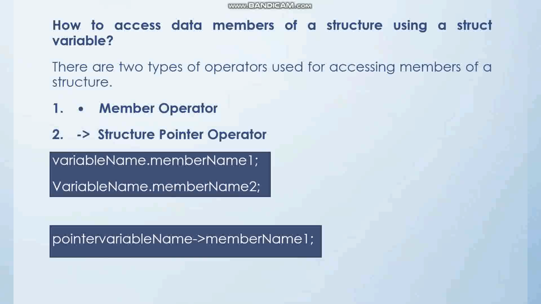If I want to use the member operator, then I write variable name dot member name 1, then variable name dot member name 2. In a similar way I will use the structure pointer operator if I declared a pointer variable of a structure. For accessing the members of that particular structure I will use the structure pointer operator.